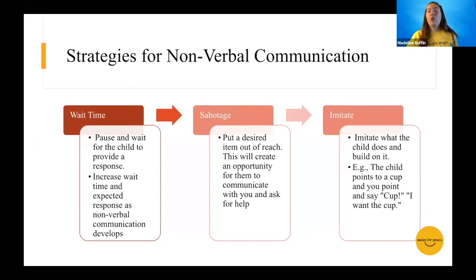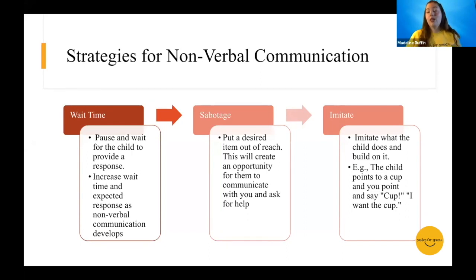We've worked a long time together and we've built it up, and now he uses his own gesture to tell me that it's mine. He says, it's mine and I want it. This has worked very well for us because now he has a way to communicate with more than just me. A lot of people understand this gesture, at least as an American Sign Language gesture, that it's mine and I want it.